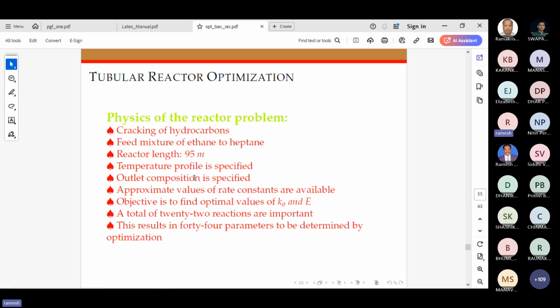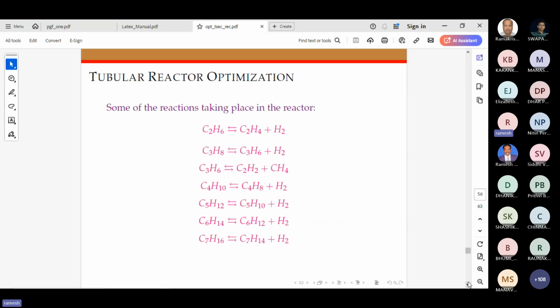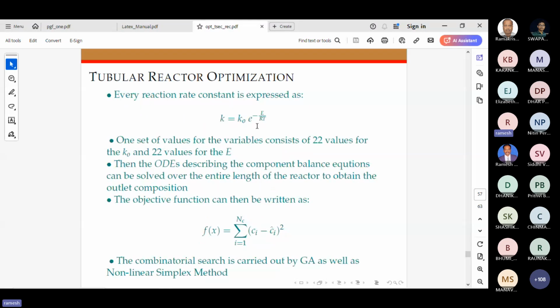In this problem, the task was to find the optimum parameters for the reaction rates. In this cracking operation, a large number of reactions take place. For all these reactions, you can write down the rates of reaction, with rate constants that are to be optimized.